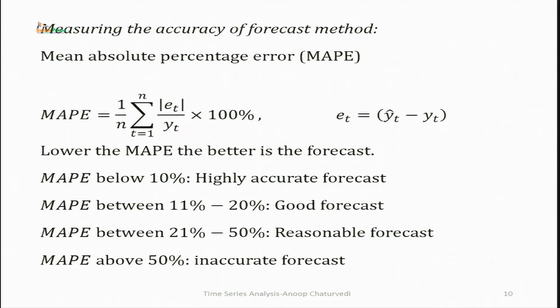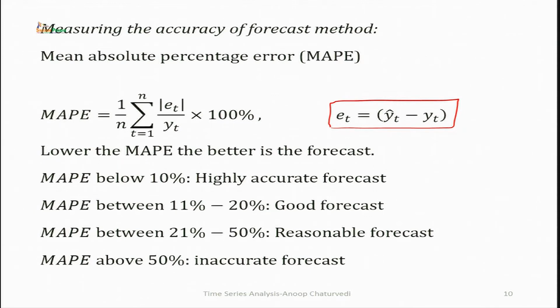Now, forecast error is E t equal to y hat t minus y t. So, we take absolute value of E t divided by y t and multiply it by 100. So, what you get?